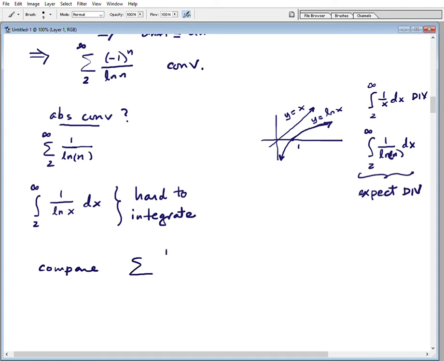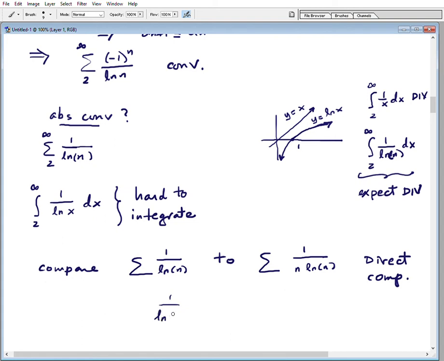Compare this one to this, and let's say we do a direct comparison, not a limit comparison.